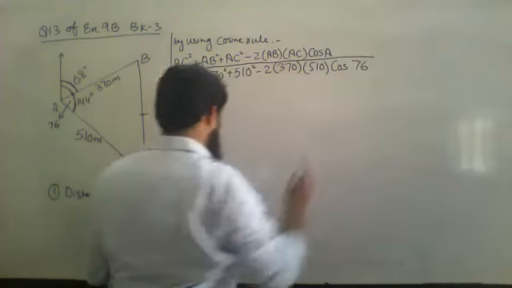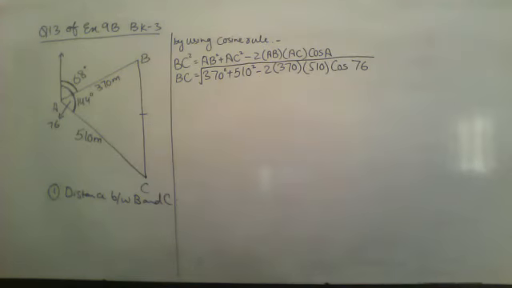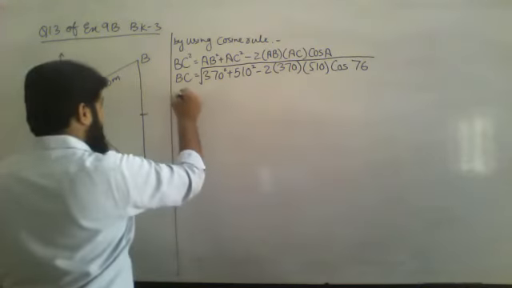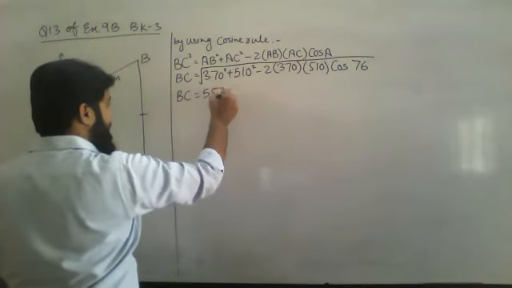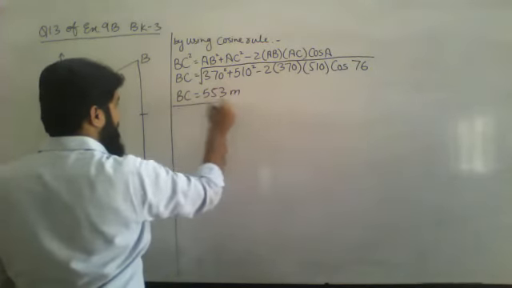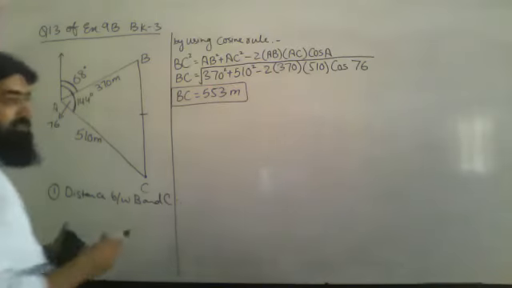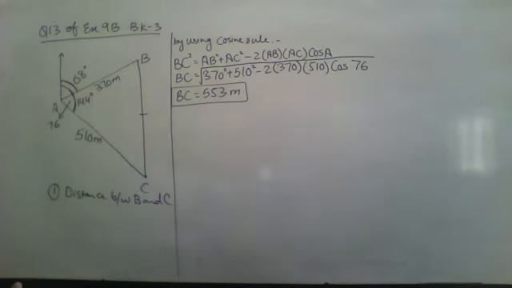So my final answer is coming BC equals to 553 meter. The value of BC is coming 553 meter in the given scenario.